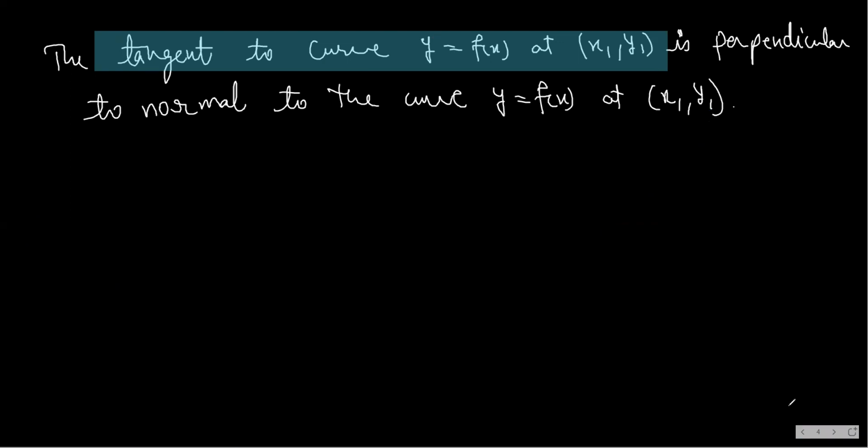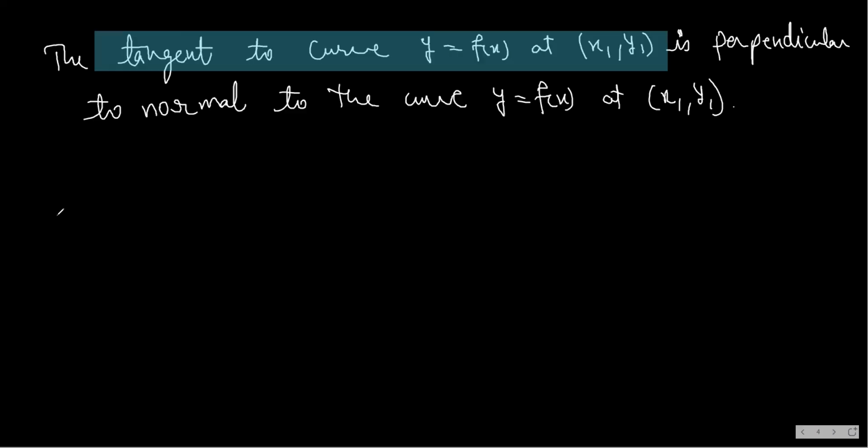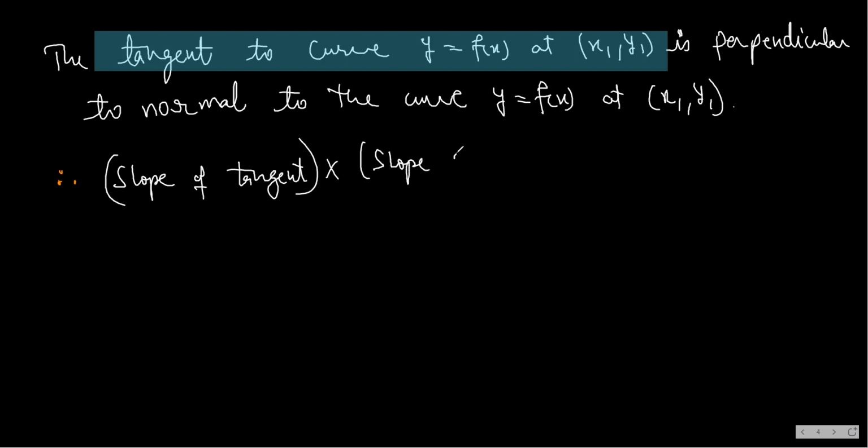That is clear from the diagram. You can check, they are perpendicular to each other. If that is the case, I know by geometry of straight lines that the slope of tangent multiplied by the slope of normal equals -1.